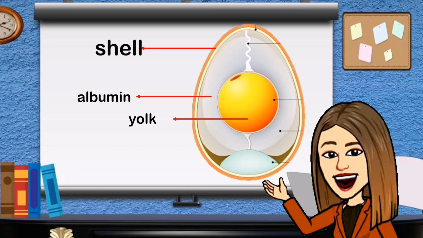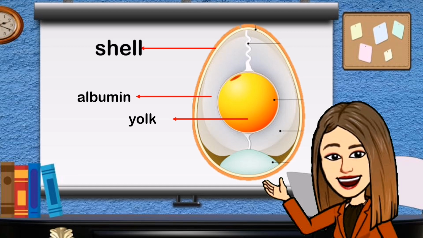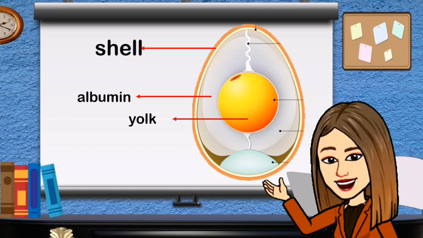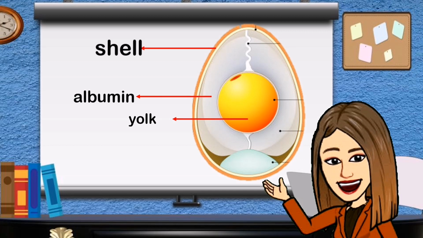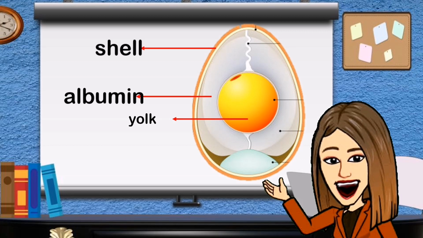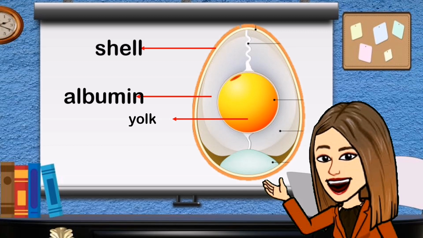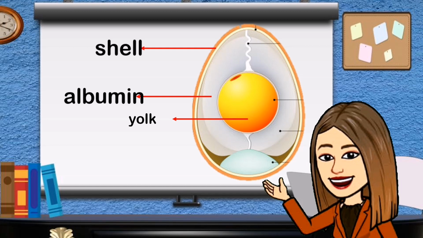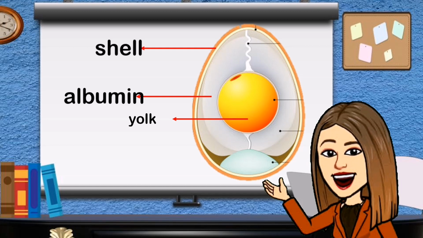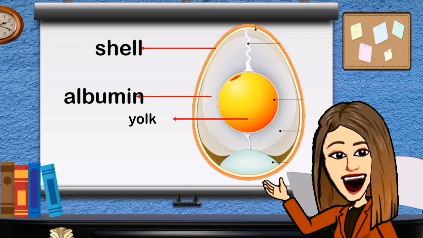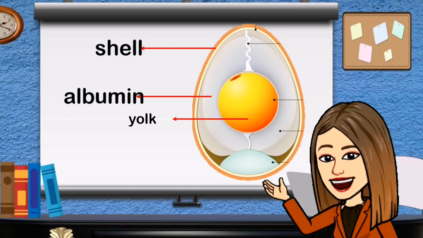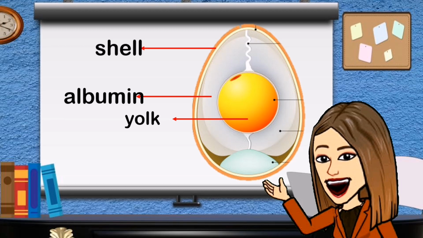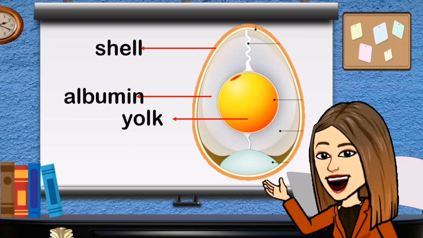The materials inside, after days or weeks, or 21 days for chicken, develop into a new organism. The thick albumen helps maintain the egg yolk in its position and prevents it from scrambling. Scrambling of yolk inside due to external forces may result in unsuccessful development of the bird or chick. The yolk serves as the food of the developing bird.